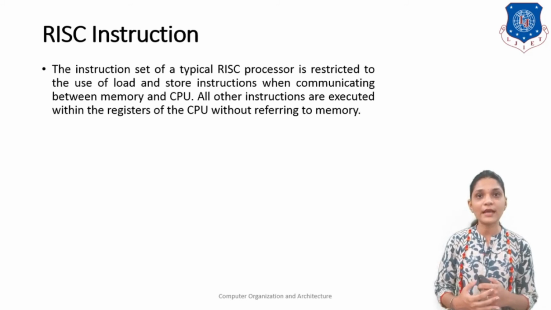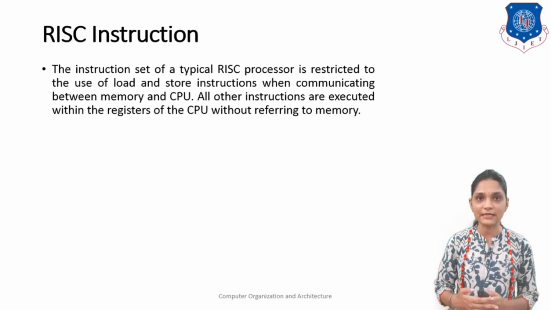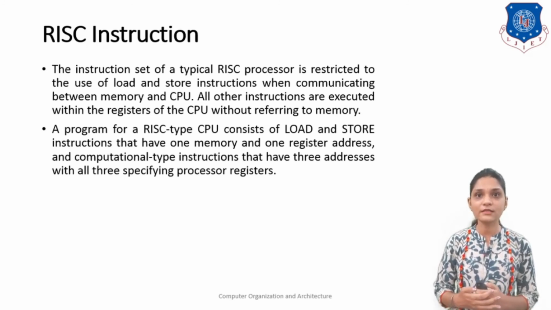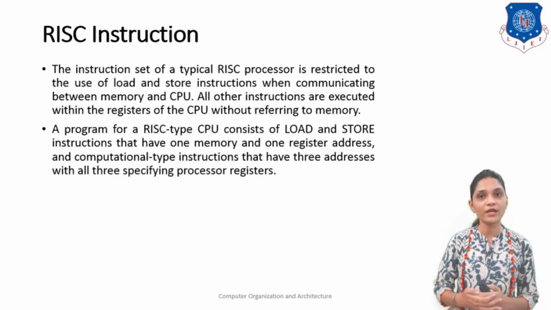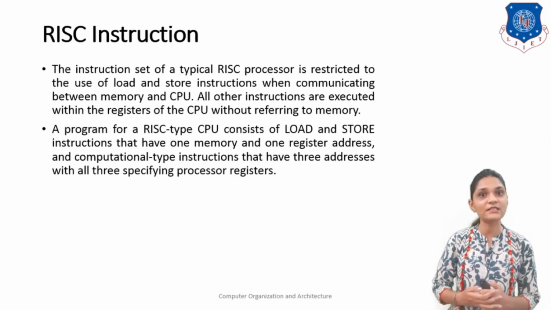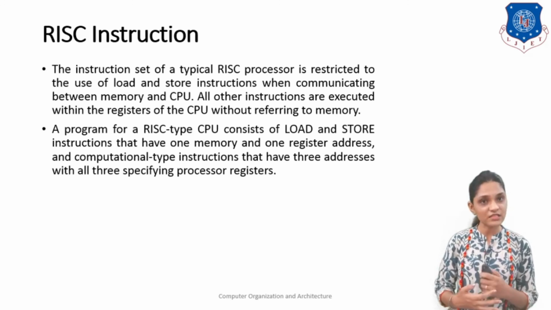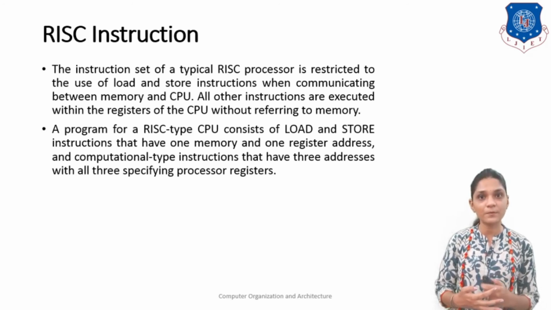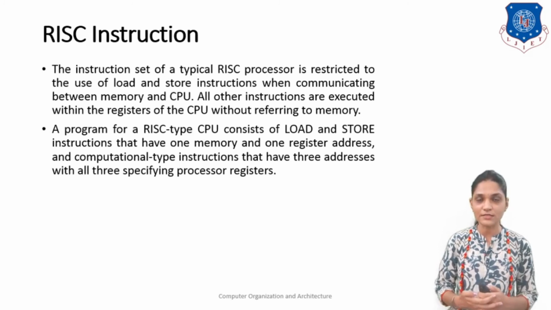That means you can access memory only to load or store your data into registers. A program for a RISC type CPU consists of LOAD and STORE instructions that have one memory and one register address, and computational type instructions that have three address fields, and all three of these specify processor registers.